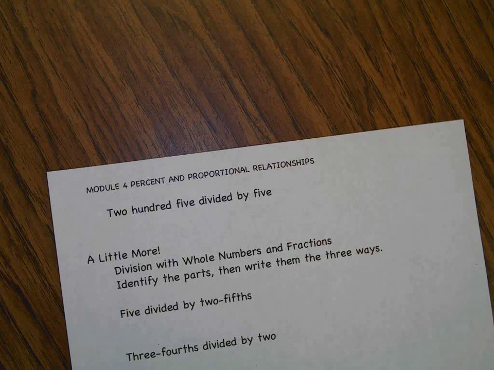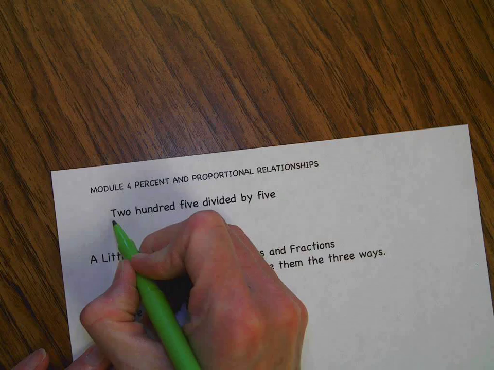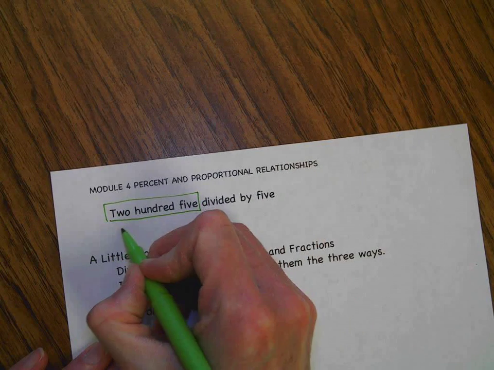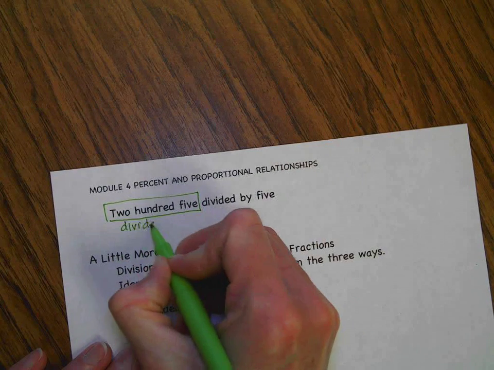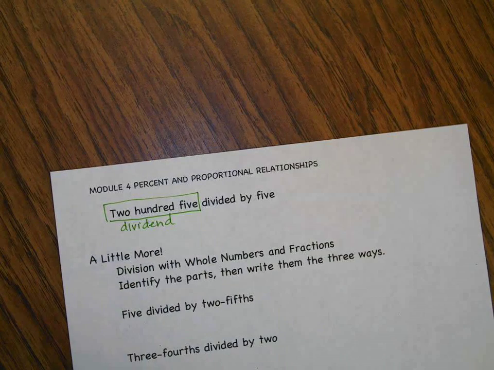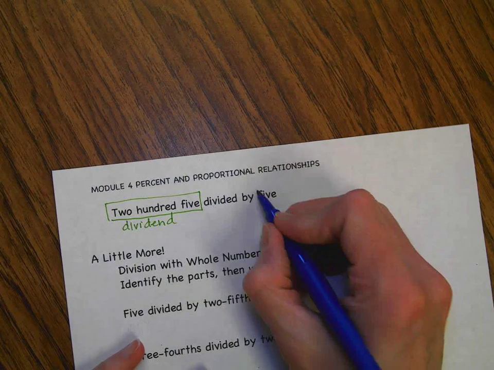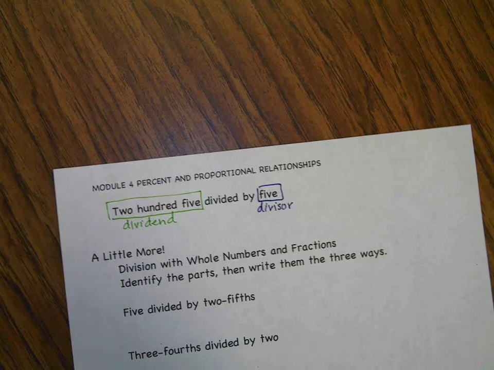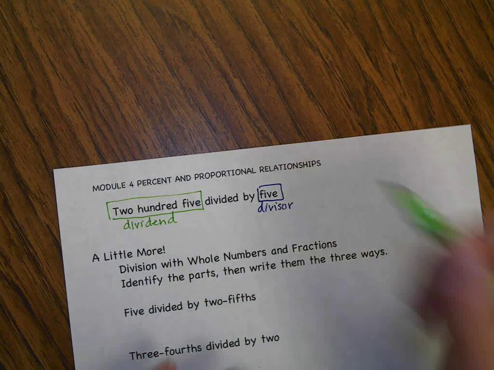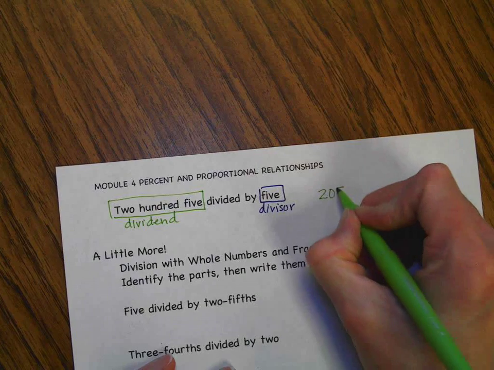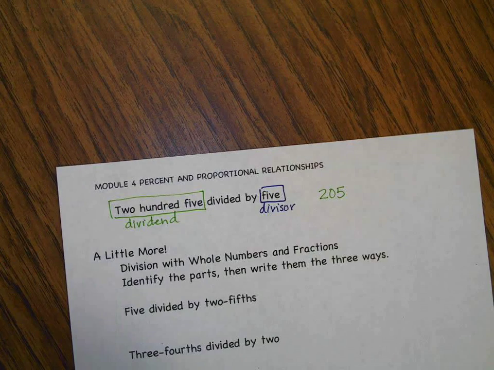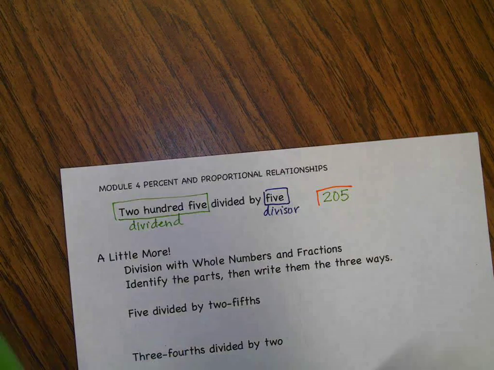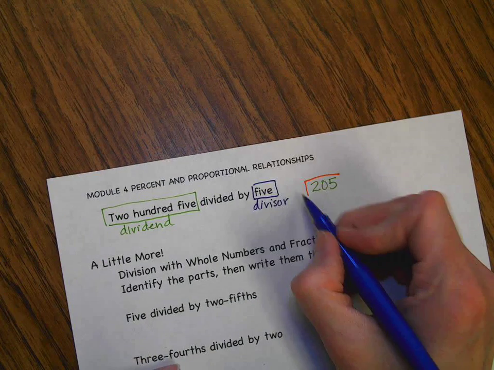So this one, it says 205 divided by 5. So let's do this one. We're going to say that 205 is the dividend divided by 5. 5 is the divisor. Okay, so now I have 205 divided by 5.